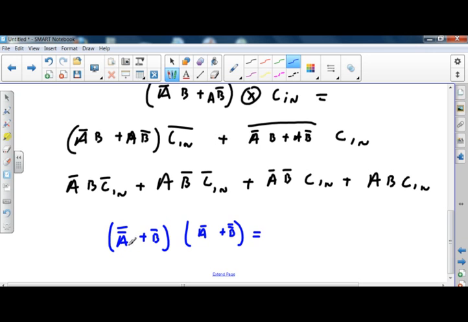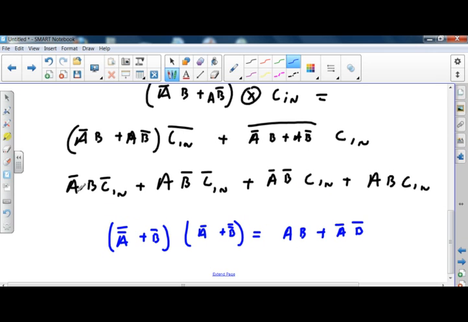And that would be A or B, A not A, which is 0, and that'd be A B or A not B not, and then B not with B would just be 0. So I skipped that step because I recognize that as an exclusive NOR.